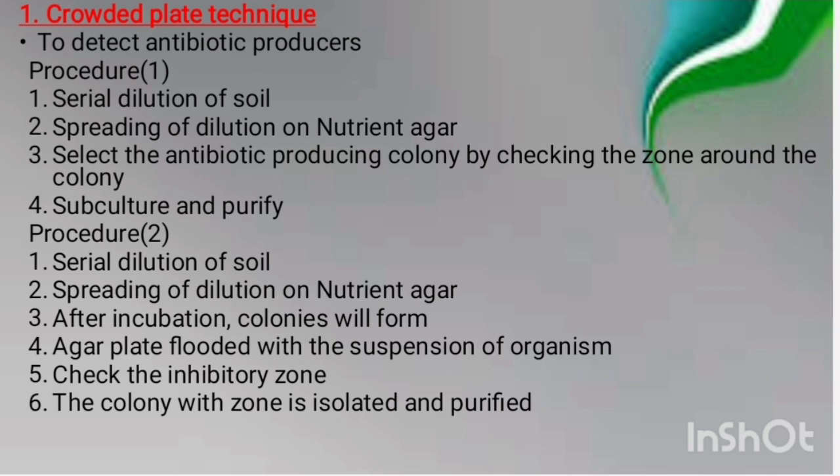First step, serial dilution of the soil or other material for antibiotic producers. Second step, spreading of dilution on nutrient agar plate. The agar plates that show 300 to 400 colonies per plate are selected for isolation of antibiotic producers.